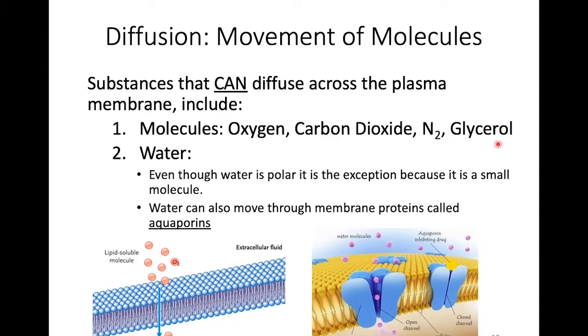Glycerol is a little bit bigger, but it is not charged, so it's capable of moving through. And then water. Water is polar though, so it kind of breaks the rule here, right? But it's the exception because it is such a small molecule, it is capable of passing through. But the way that water typically will move through the membrane is through specific aquaporin channels.